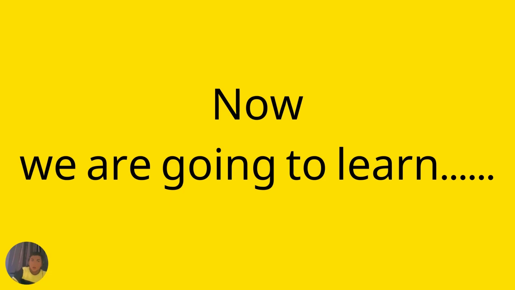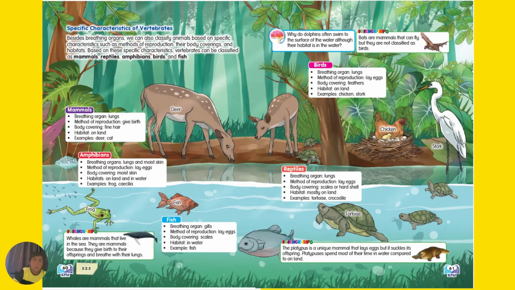Now we are going to learn about today's lesson, and today's lesson is about specific characteristics of vertebrates. Apakah spesifik karakteristik, apakah ciri-ciri haiwan vertebrate ini? Besides breathing organs, we can also classify animals based on specific characteristics such as method of reproduction, their body coverings, and habitats.